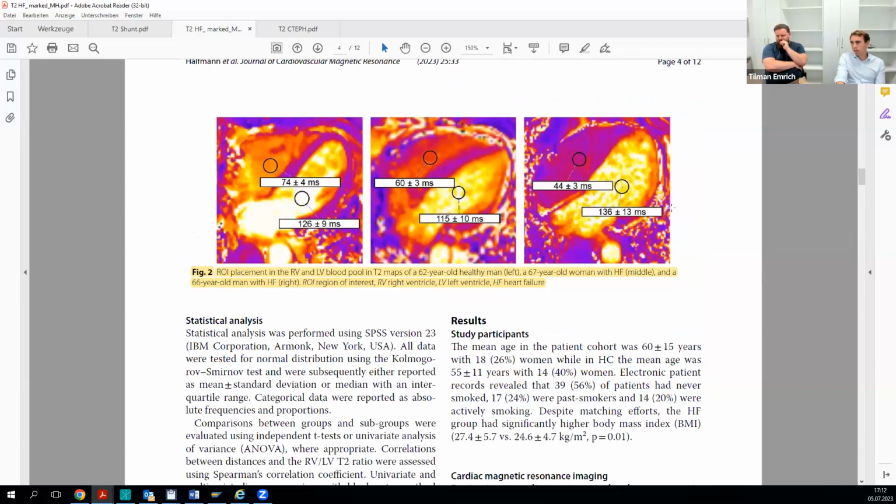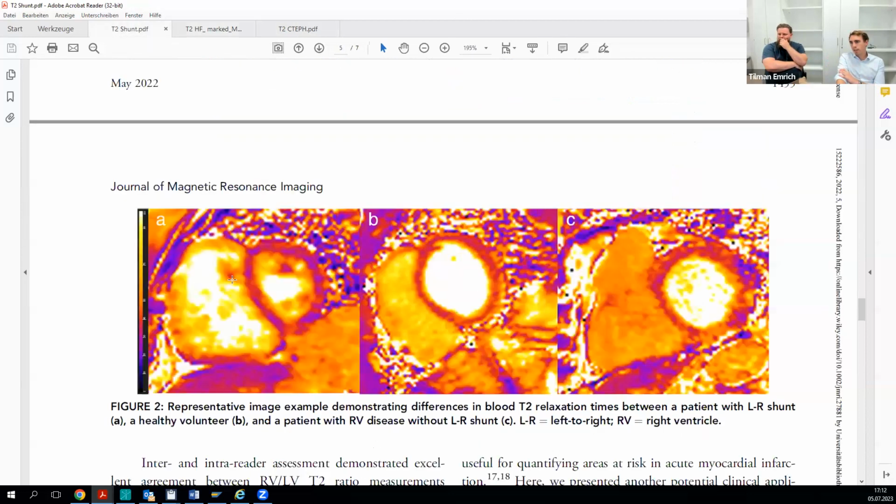So this is really the core piece of the study, and this is basically the same picture that you saw earlier from Tilman, but really we've moved to the right of the spectrum here. And if I switch back here real quick, you can see this is where the ratio is sort of the same. This is the healthy person, and this is the right heart disease that has also still a difference between left and right.